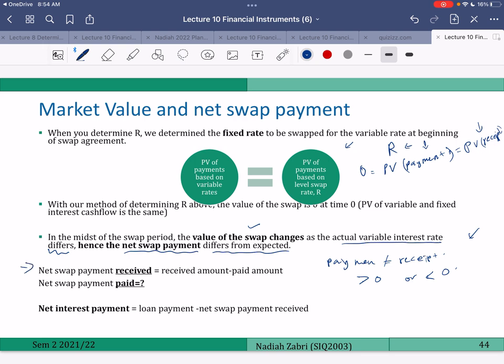Just a recap on the term net swap payment. As we said, between two parties, their net swap payments will have the same amount but different signs, right?